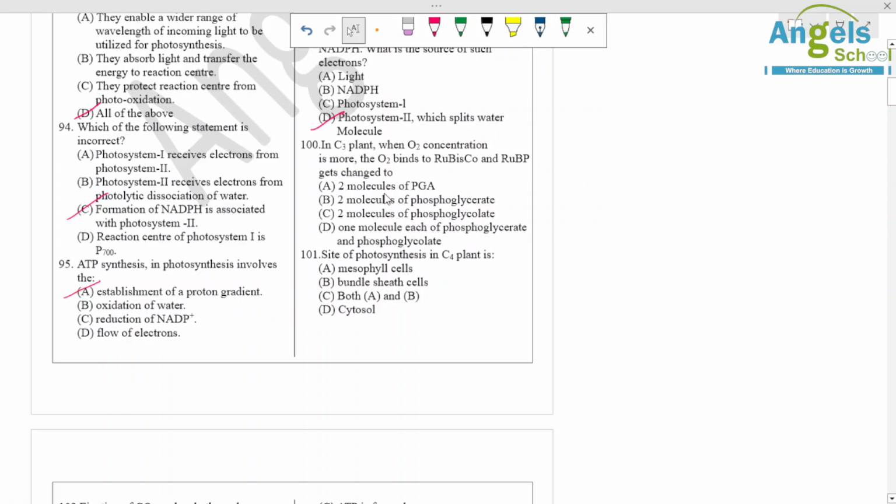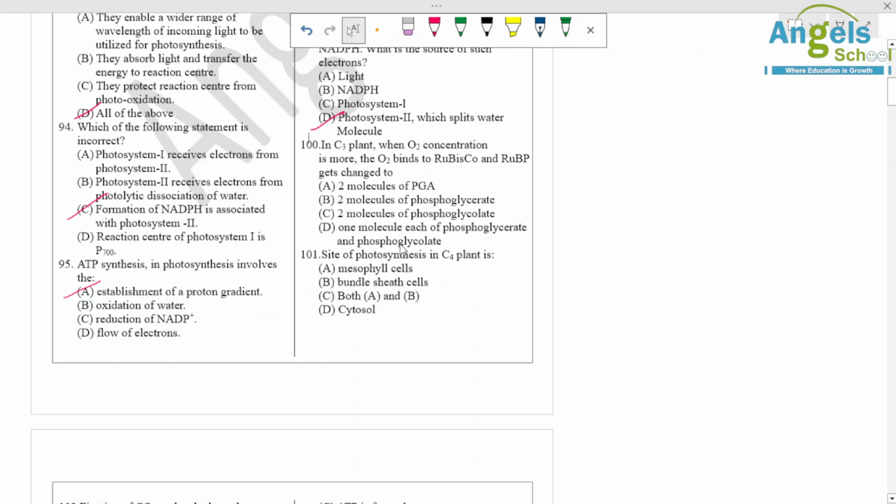Question number 100. In C3 plant, when oxygen concentration is more, the oxygen binds to Rubisco and RuBP gets changed into: 2 molecules of PGA, 2 molecules of phosphoglycerate, 2 molecules of phosphoglycolate, or 1 molecule each of phosphoglycolate and phosphoglycerate.